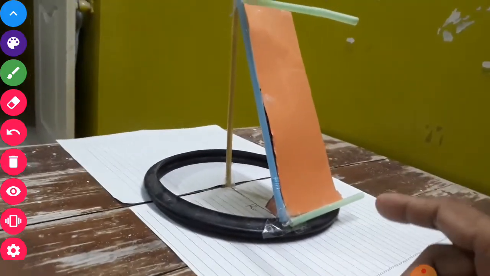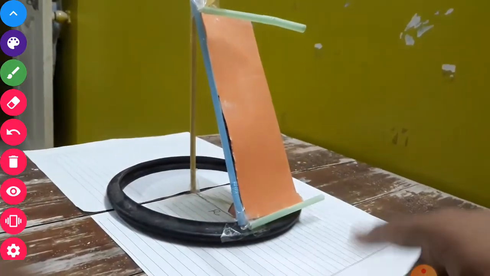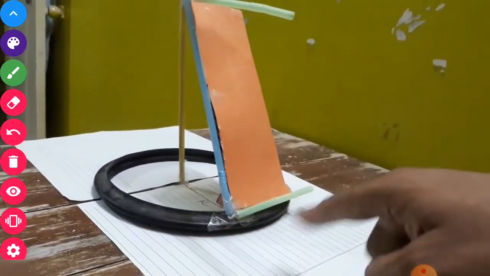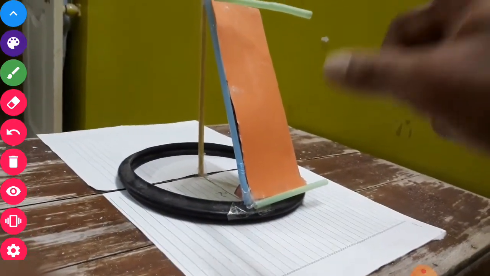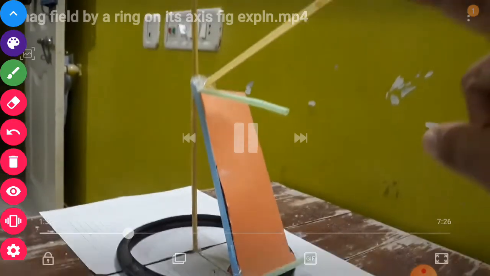Now yes, I dl is rotated in the direction of vector r, and that will give you the direction perpendicular to the plane formed by dl and r.